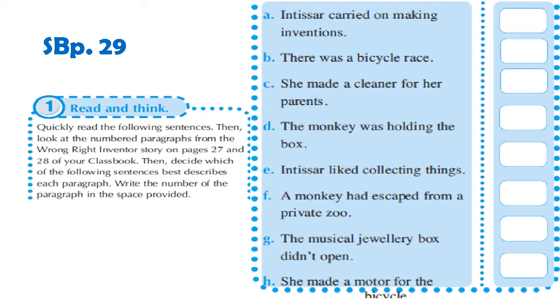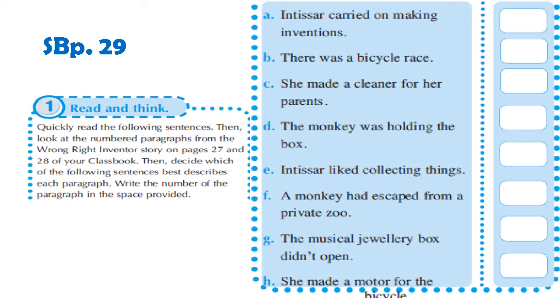So now we need to read these sentences and write the number of the paragraph. So for example, letter A, Intisar carried on making inventions. So which paragraph? Paragraph 1, 2, or whatever up to 8.